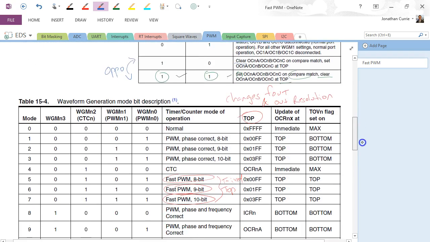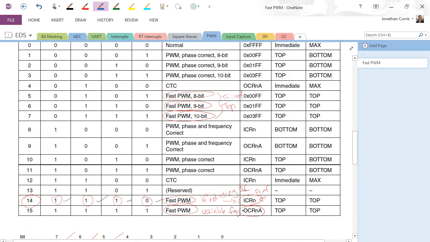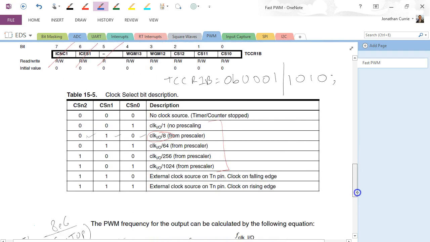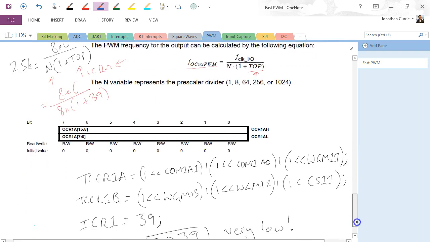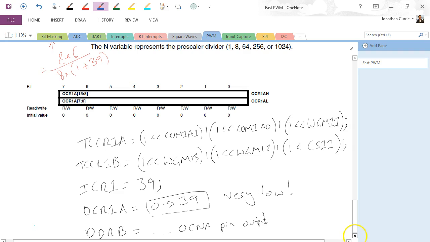We've set up the registers, and we've seen how we can vary the top value using ICRn if we have a fixed frequency that we want to be able to get exact frequency, or we can do it using OCRnA for variable frequency or fixed ones if we have these fixed values here. And completing the timing calculations, we've come up with the registers that set this up.